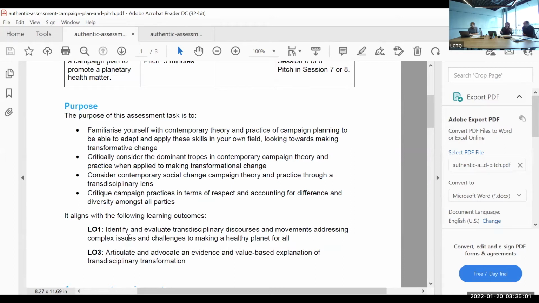Now, having said that, one thing I noticed about this task is that they did specifically mention, for example, let's look at case study 2. Sorry.